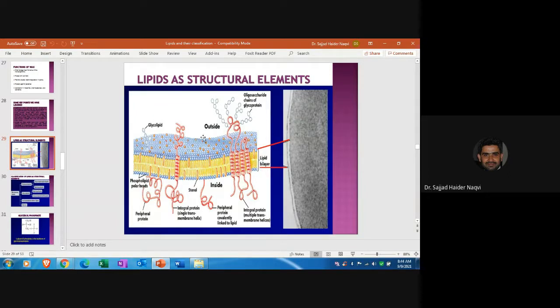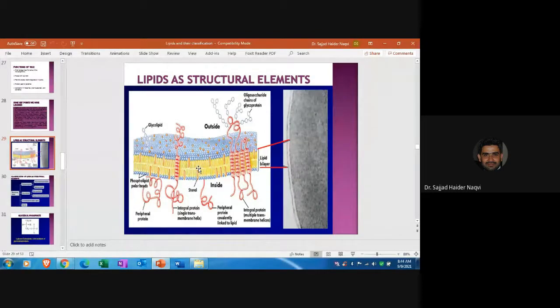You can see that these dots on the top and on the bottom surface are the polar sides of the lipid which are facing the water environment, because outside the cell and inside the cell you have a water environment. While this yellow portion which you can see sandwiched in between these polar heads is actually the non-polar part of the lipid, called hydrocarbons.